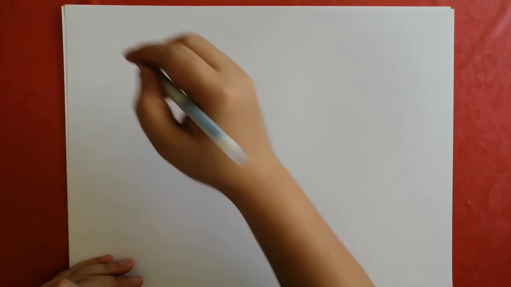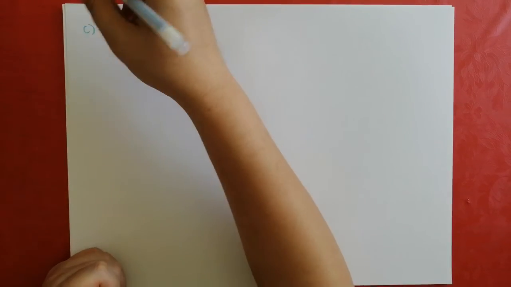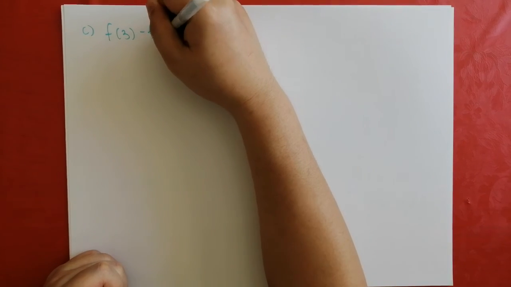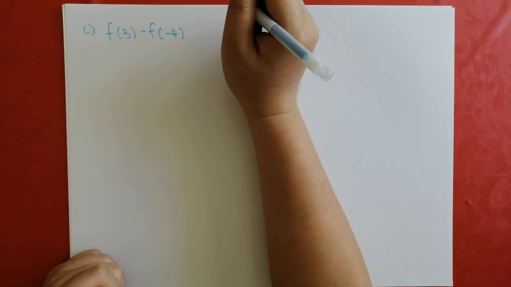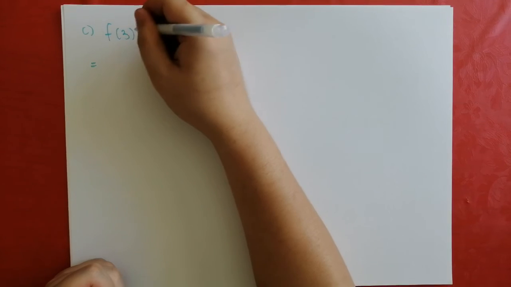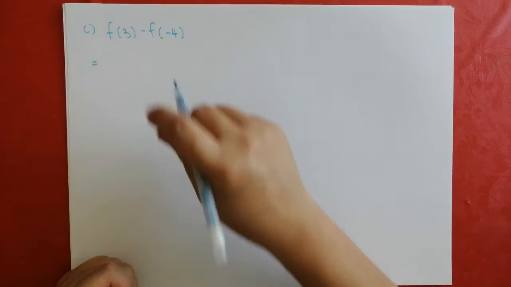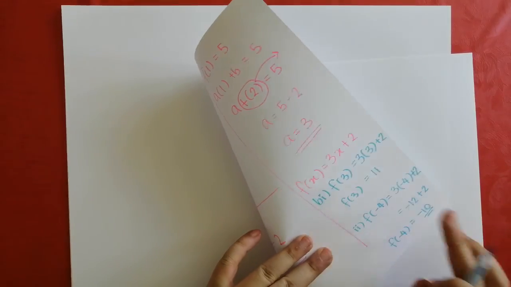Last one, part C. Hence evaluate f(3) minus f(-4). From part B, we found out that f(3) is, how much was that just now? f(3) is 11.